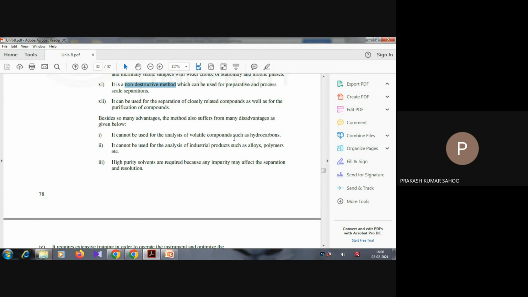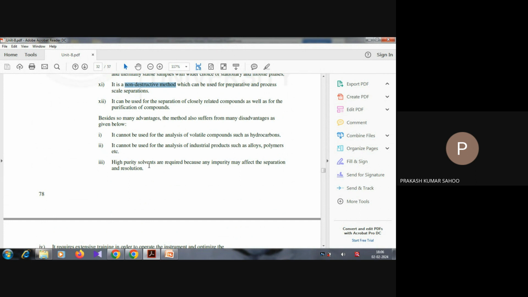It can be used only for volatile compounds such as hydrocarbons. It cannot be used for the analysis of industrial products such as alloys, polymers, etc. High purity solvents are required because an impurity may affect the separation resolution. So the solvent should be of GR grade.